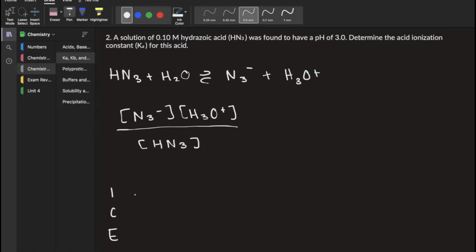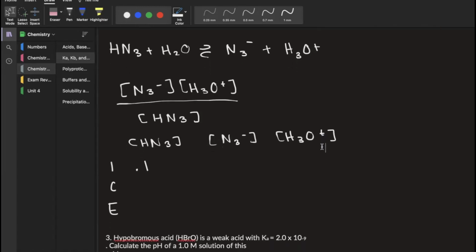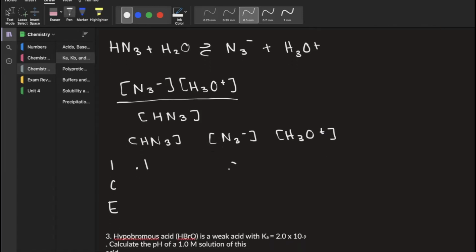We have 0.1 of hydrazoic acid, then N3 minus and H3O plus, both starting at 0. Stoichiometry is 1 to 1: minus x, plus x, plus x. We are left with 0.1 minus x, x, and x.